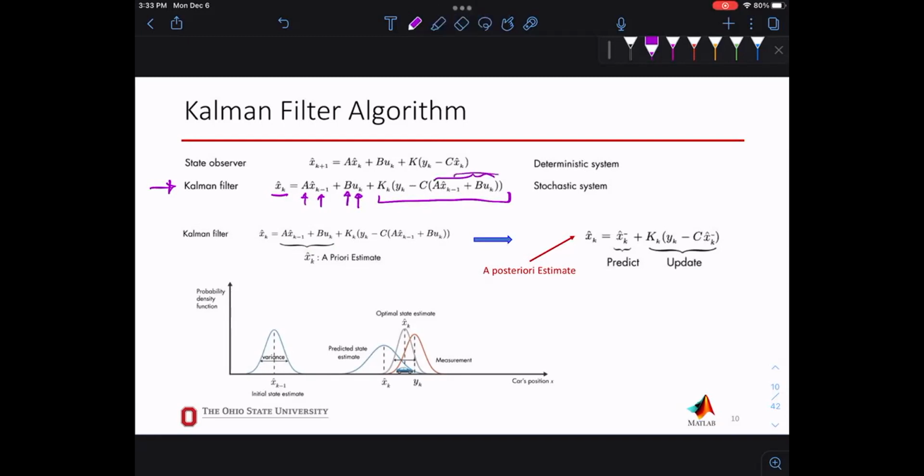So let's see what this term is doing. What's in this parenthesis? The difference between the actual and the estimate. So the measurement minus the estimation, right? And whatever error that is, you're going to apply the gain of the Kalman filter to fix, update, our prediction for the next step, right?